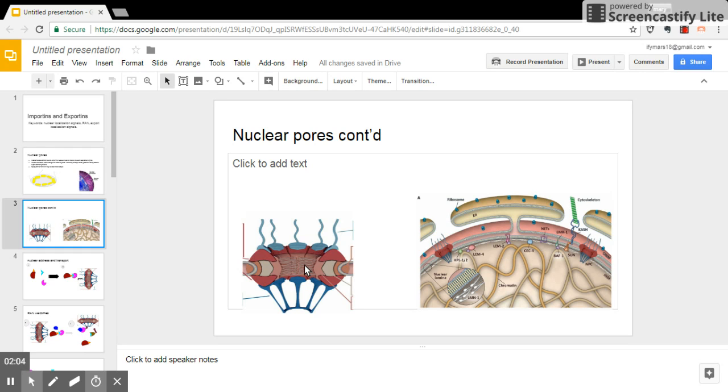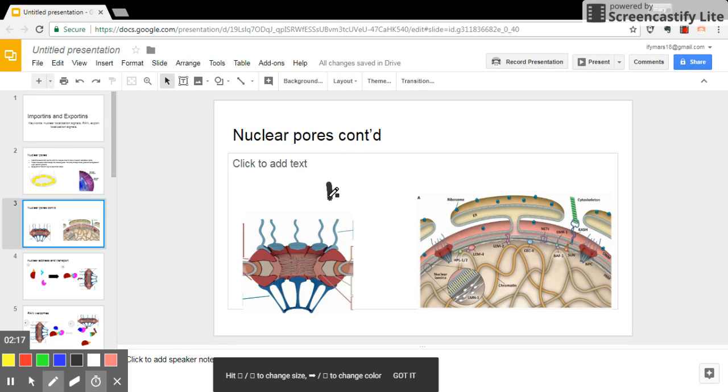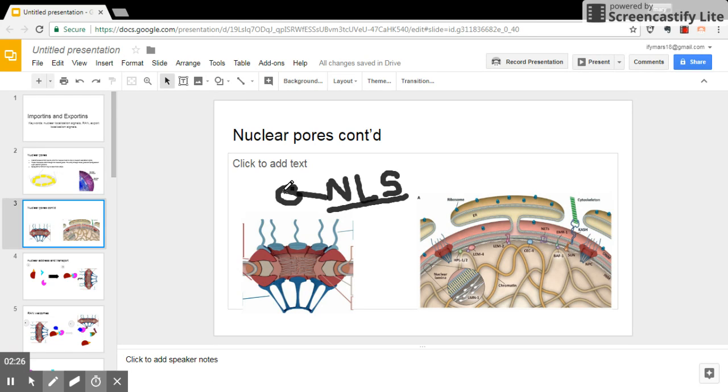If a protein that needs to enter the nucleus has this address, the nuclear localization signal, NLS, that's what it's called, then it'll interact with this FG domain and be able to pass through into the nucleus.